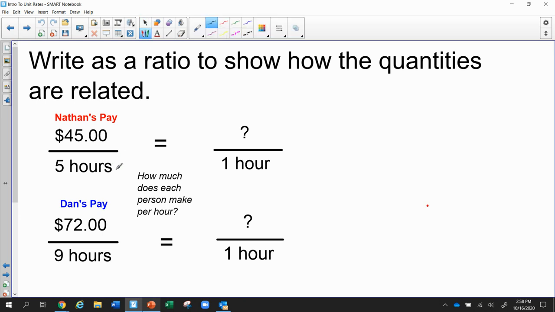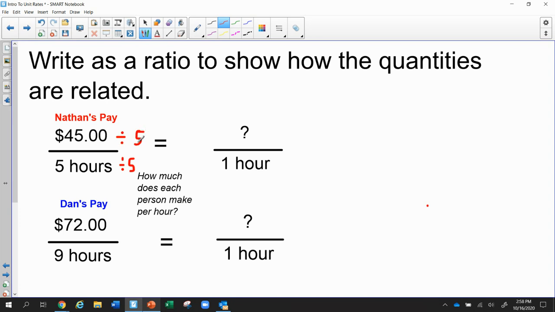Well, I would have to divide by 5 because it's 5 hours. So if I do this, I would divide 5 by 5 to get 1. That means since ratios and fractions are very related, we do the same thing we would if we're finding equivalent fractions as we are finding equivalent ratios.